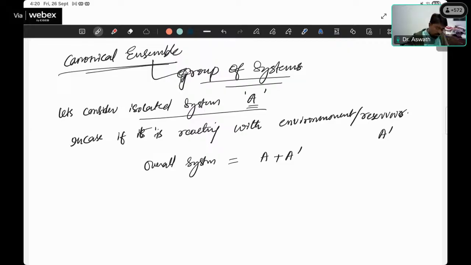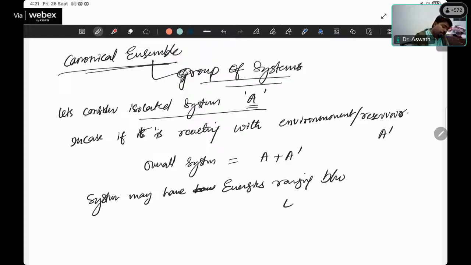Okay, the system may have energies ranging between E to E plus delta E, because by the nature of quantum mechanics, at the quantum level, even if the system is isolated, it could have a constant energy which would lie between E and E plus delta E. So internal rearrangement may give a slight small variation.